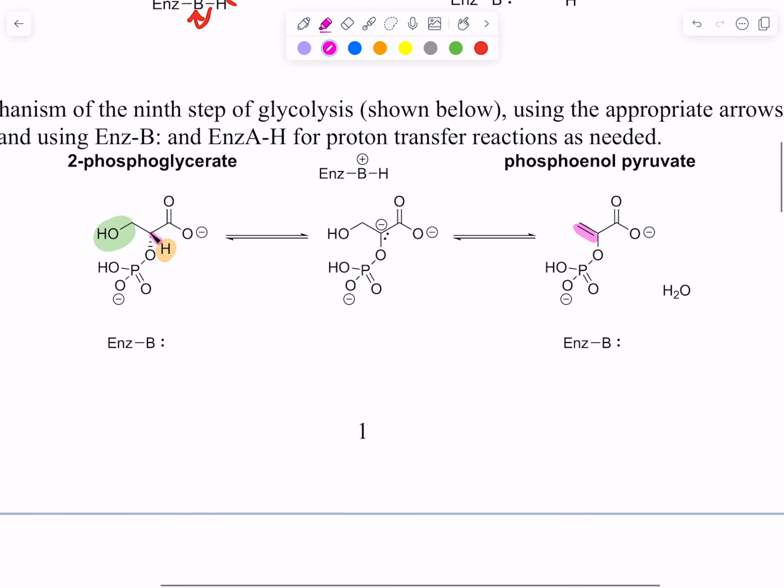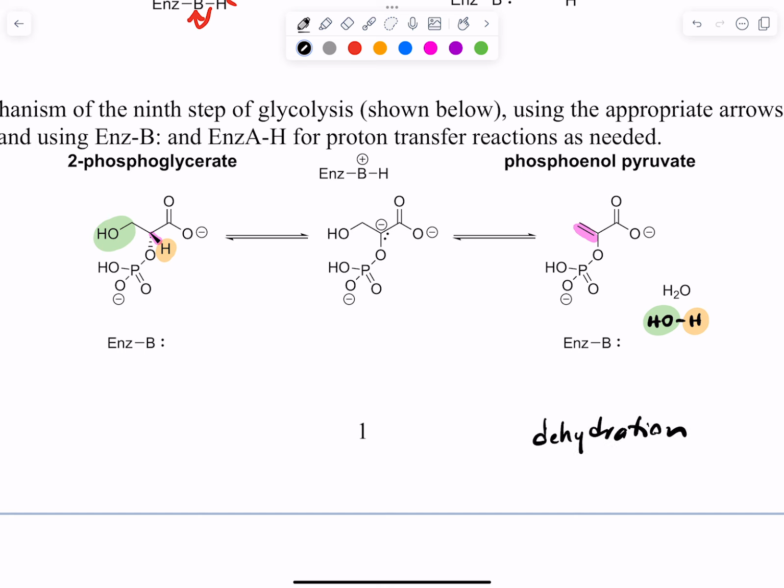And that seems to be supported by the fact that the OH group and the hydrogen end up here as water. In fact, I could redraw the water like this and maybe make the point even more clearly. We lose a hydrogen and we lose OH minus. This reaction, because we lose water, is called a dehydration reaction because we're removing water.